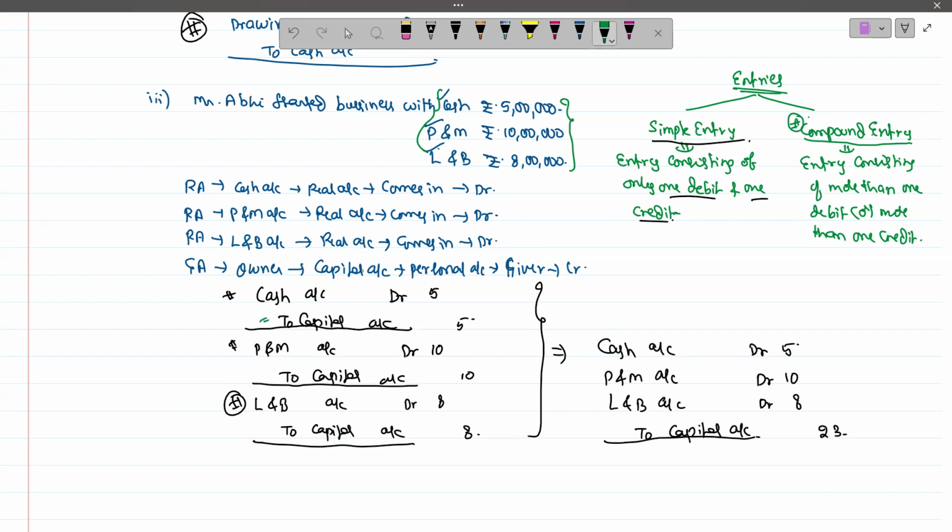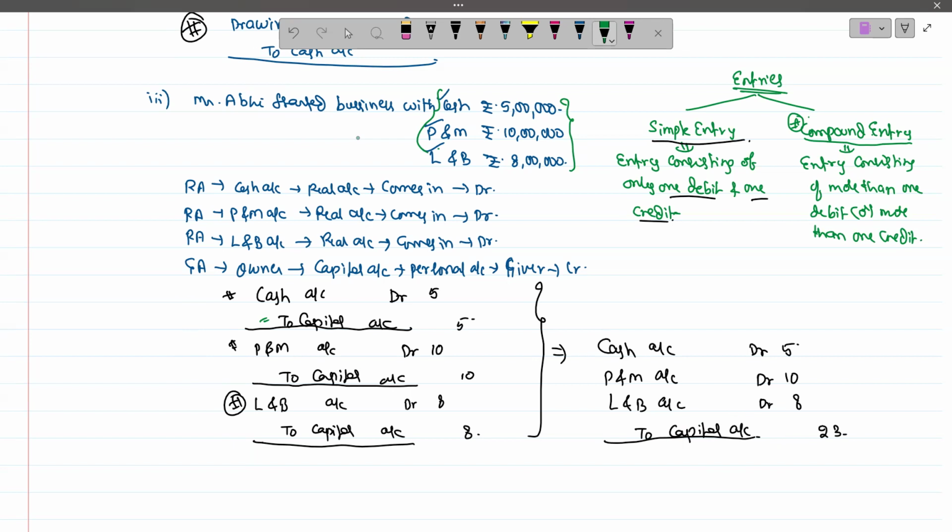Capital. And the three items were brought by the owner on the same date. So we can combine cash account debited, plant and machinery account debited, land and building account debited to capital account. So instead of writing a separate entry for every aspect, you write what? A single entry. So this is nothing but simple entry and compound entry.